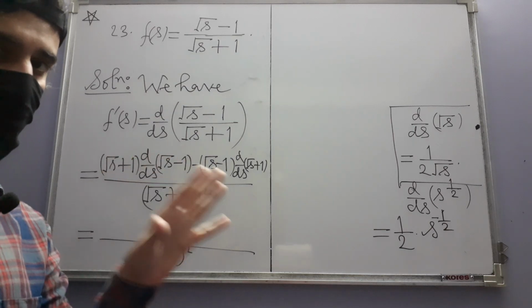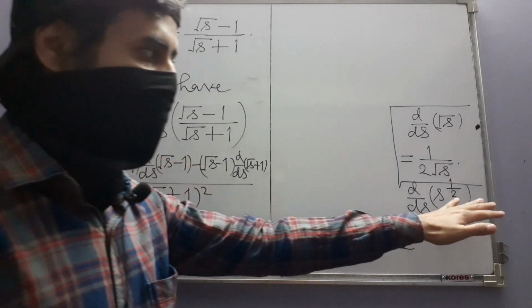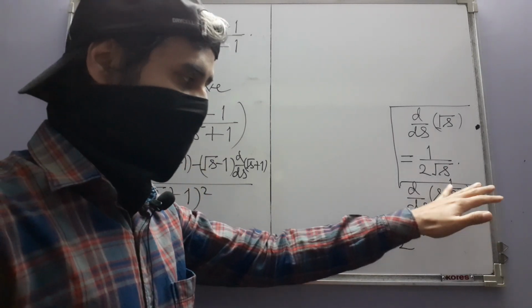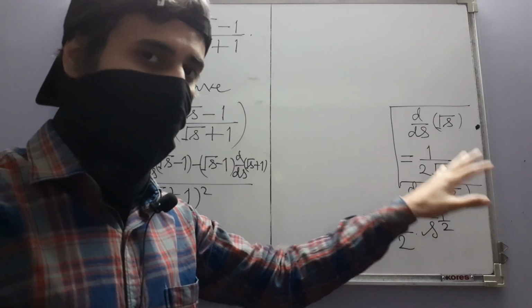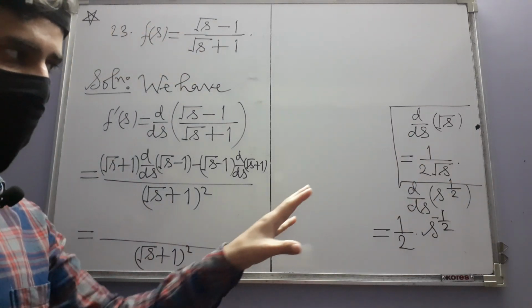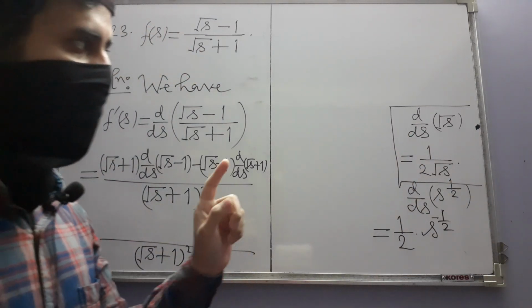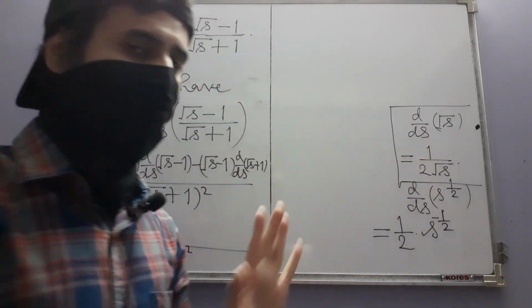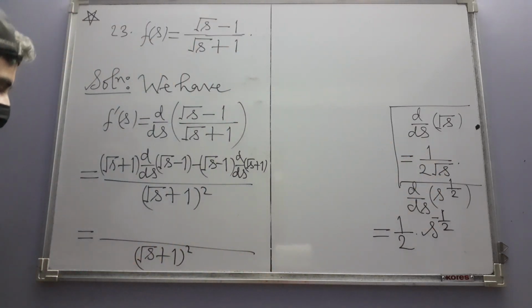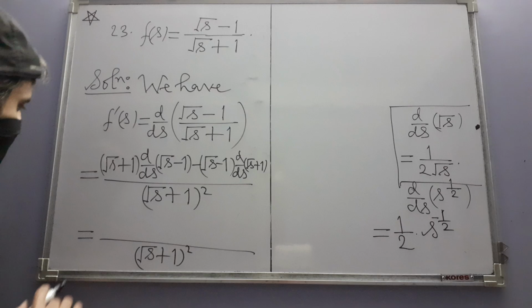So from there we are getting this, although we still haven't got the power rule in this form. We are yet to see that, but at least we have this, so now we can use it here.